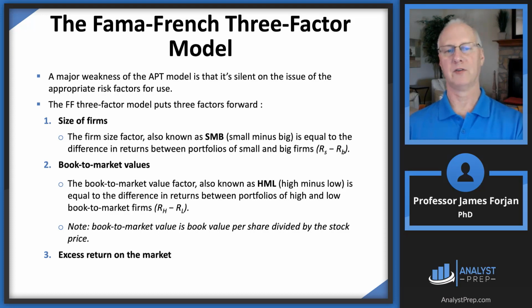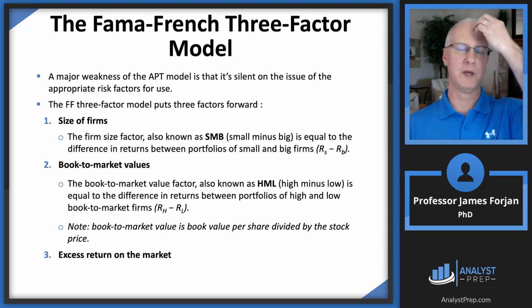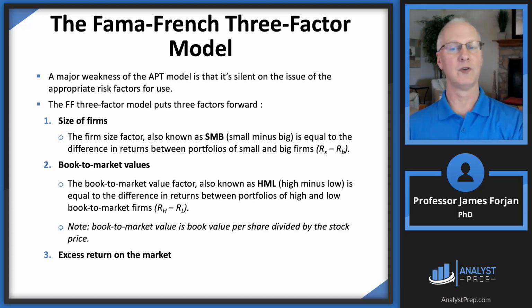So here are the factors. We're going to start with size. This premium is the difference between the returns to small firms and the returns to big firms, because at some point academic researchers found that small firms tend to outperform large firms, even in a risk-adjusted environment.